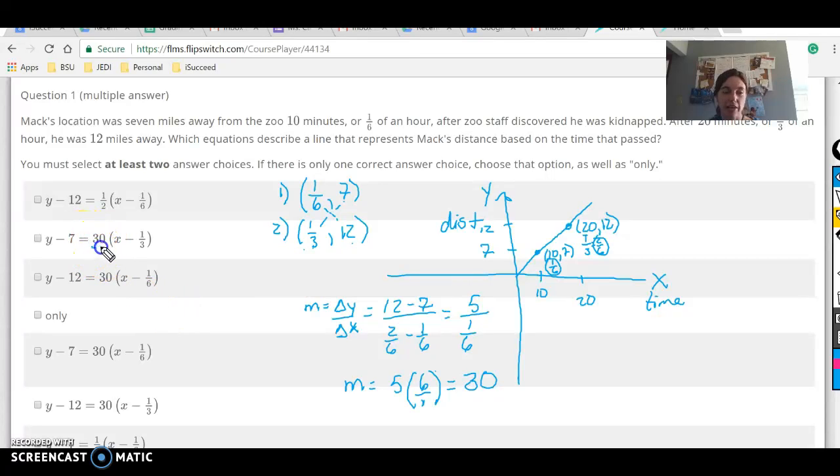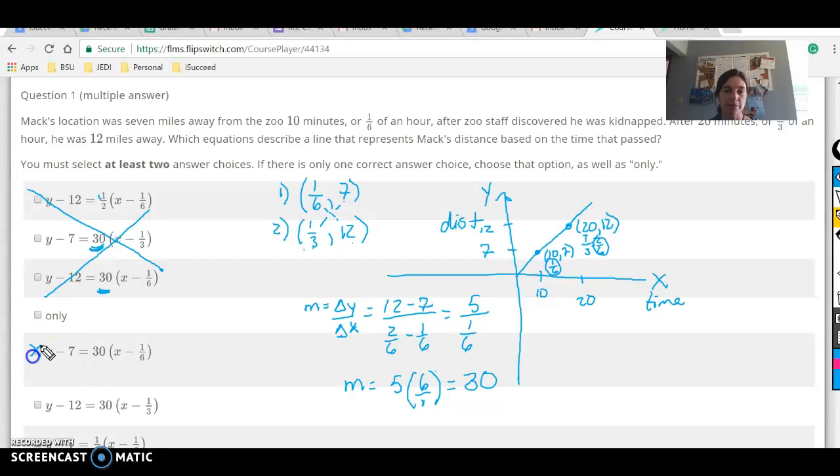So I know I've got to have a slope value of 30, all right? And if I say x minus 1/6, I have to say y minus 7, okay? If I say x minus 1/3, I have to have y minus 12. And this one has the wrong slope. So none of these work, okay? So let's see, y minus 7 and x minus 1/6.